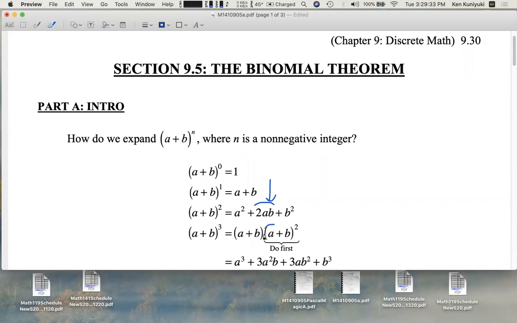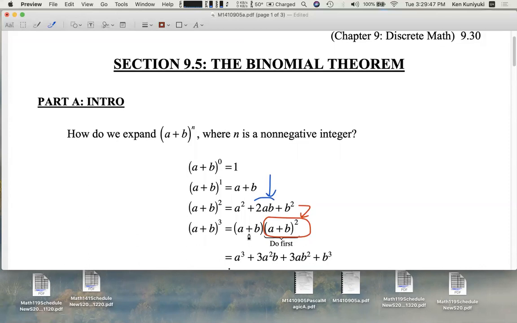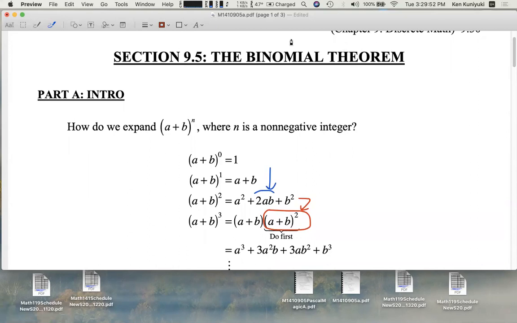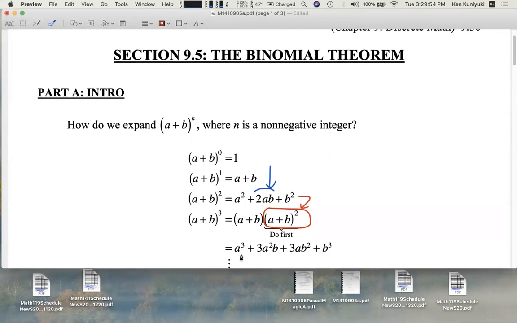So you substitute the square of a plus b by this over here, and then multiply by a plus b, distribute, combine like terms, and you get this. And by the way, see if you can figure out a pattern here. We're going to talk about this. A cubed plus 3a squared b plus 3ab squared plus b cubed.